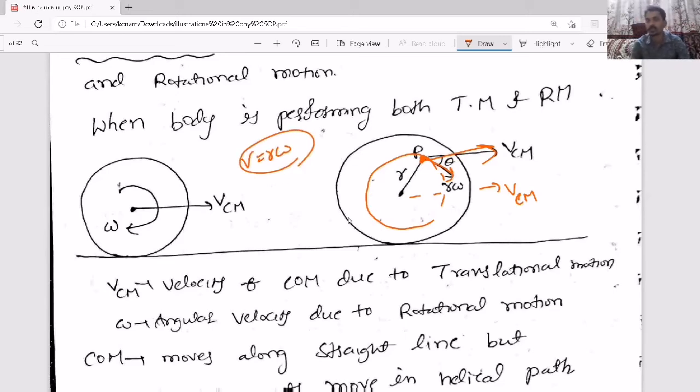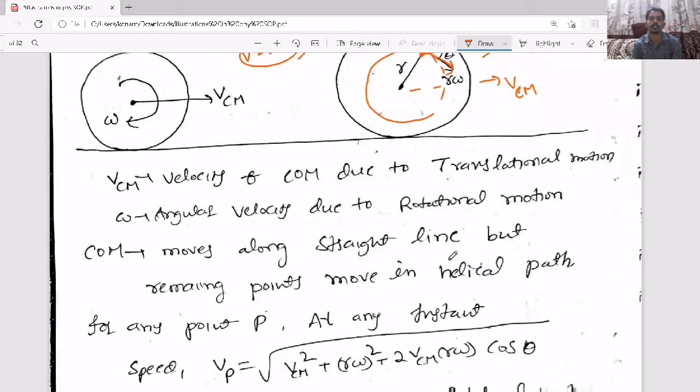So there are two velocities for every point on the body: one is due to translational motion and another is due to rotational motion. Now if you want to find the resultant velocity, then you have to take the vector resultant.